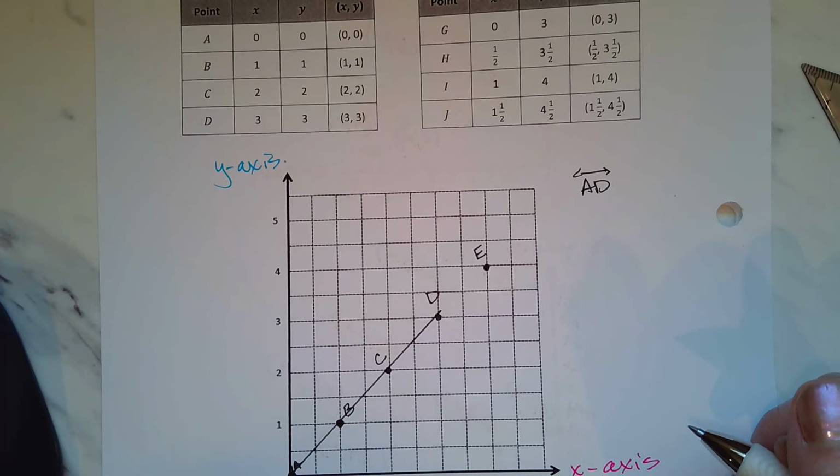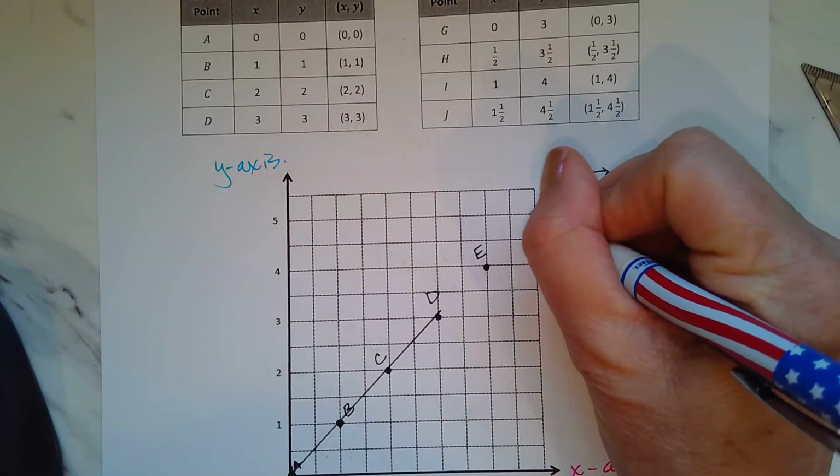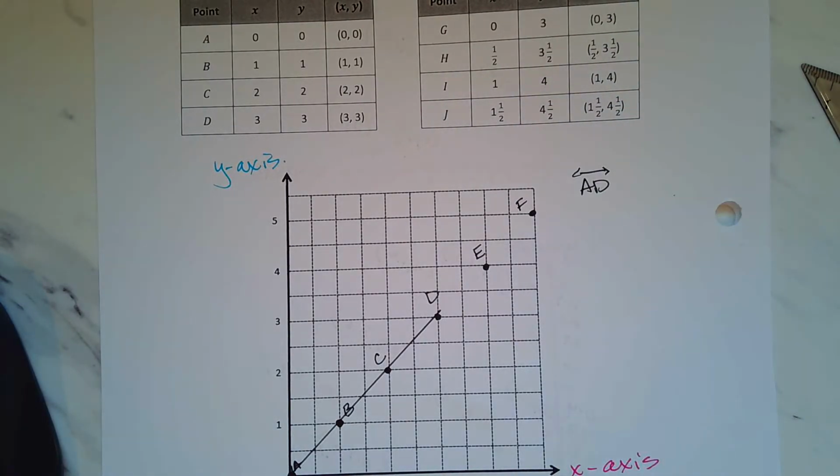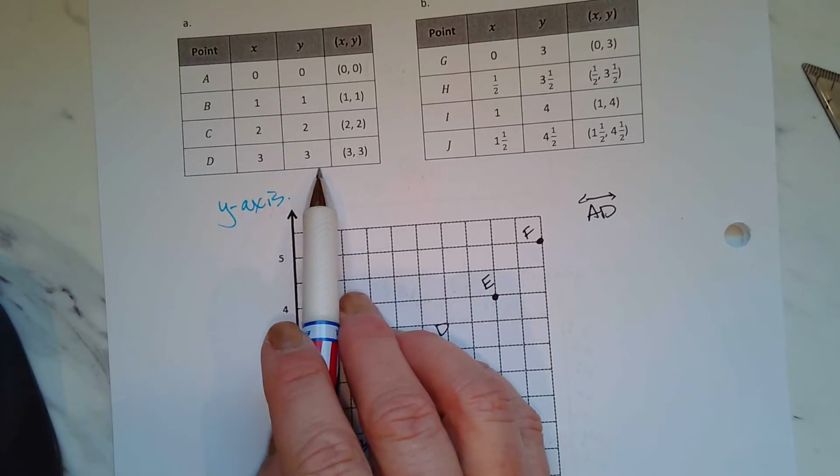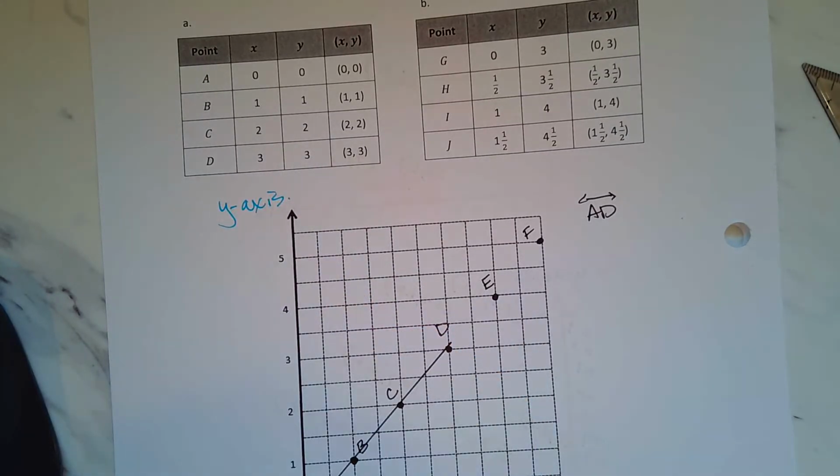What about 5? Yes, that would all stay in the same line. As long as the X and Y coordinates are the same, the point will be on line segment AD. We can say that the relationship between these coordinates are equal, right?